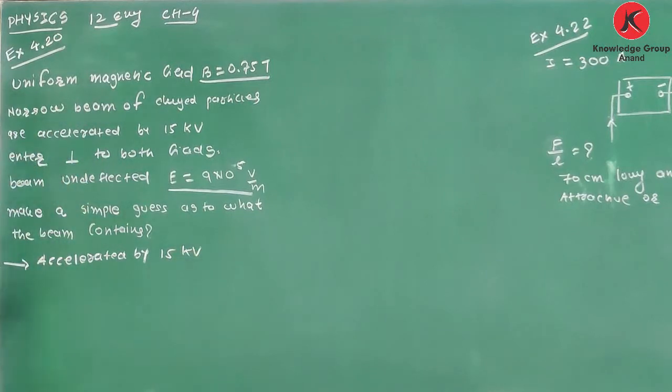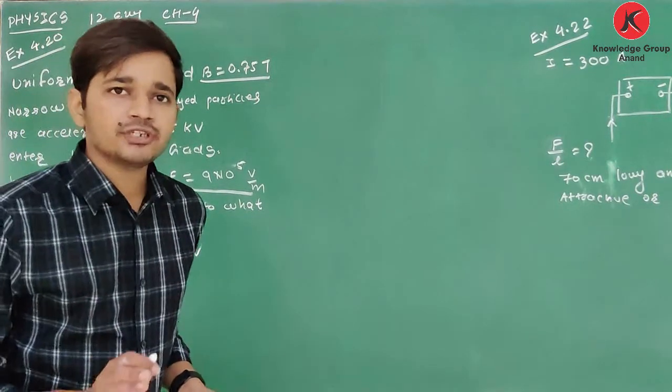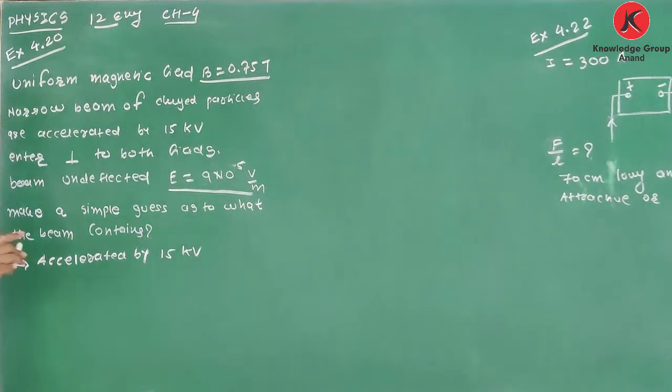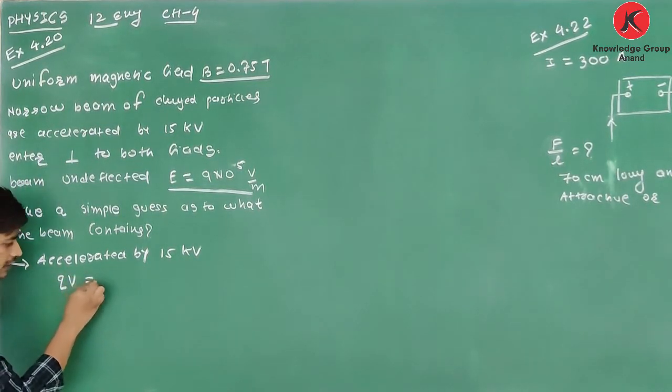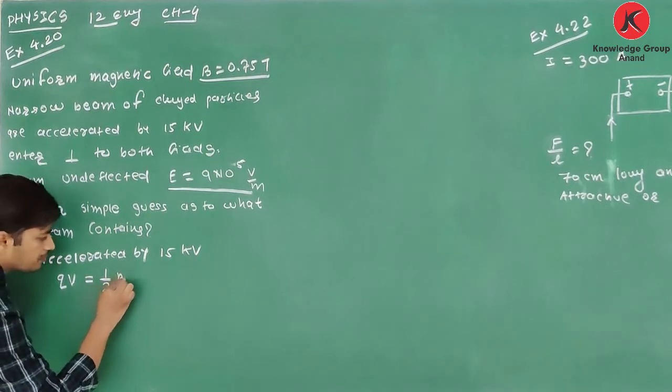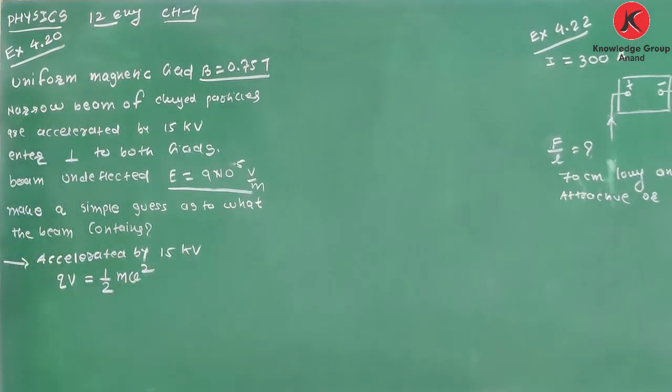So first of all, I will find the speed of the charged particles. With the help of this equation, we know that qV is equal to half mv square. Yes or no? We know this equation.